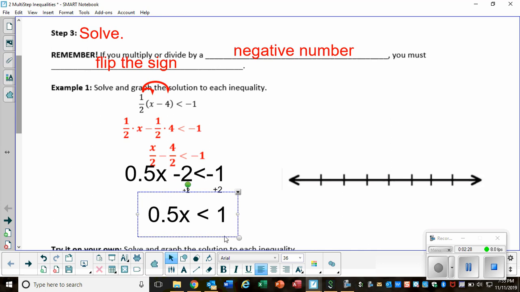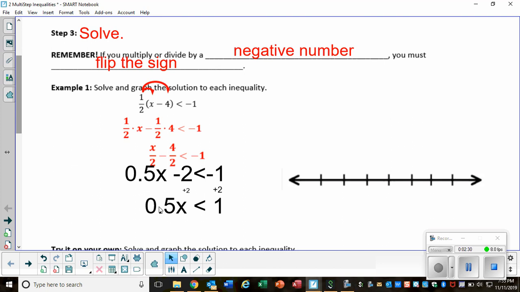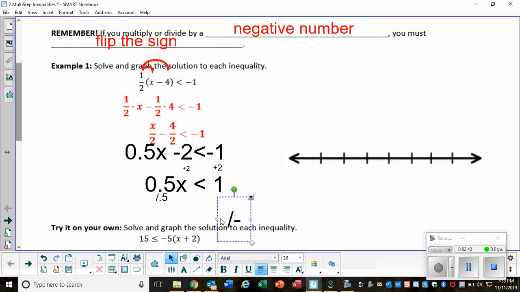Now I just go ahead and divide. I'm going to divide by 0.5 on both sides. You want to make sure you do this in your calculator because this will give you x.